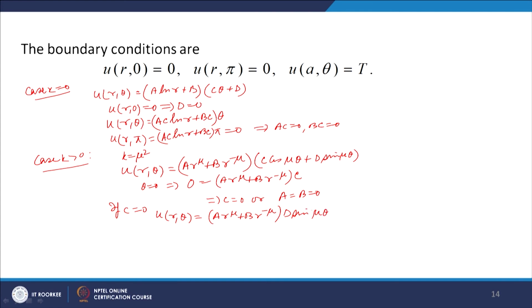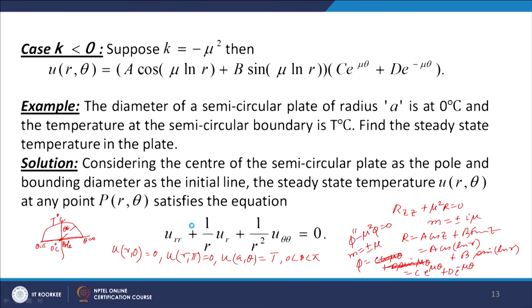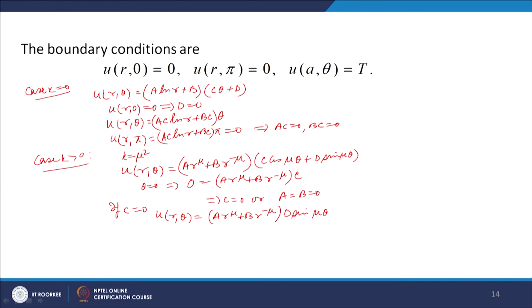Now, what will happen when theta is equal to pi, u(r, pi), we have (a r to the power mu plus b r to the power minus mu) into d sin mu pi. Either sin mu pi is 0 or d is 0 or a equal to b equal to 0. a equal to b equal to 0 is not possible because u(r, theta) will be 0. So, either d is 0 or sin mu pi is 0.